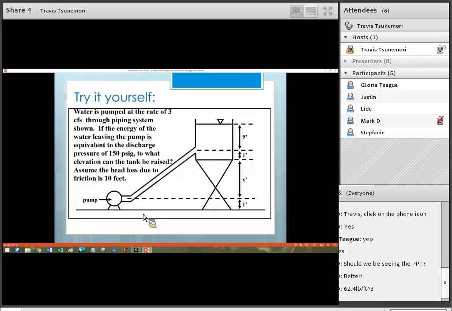So go ahead and type me answers when you come up with them. And you can check your units too, because we've got some conversions that need to happen.